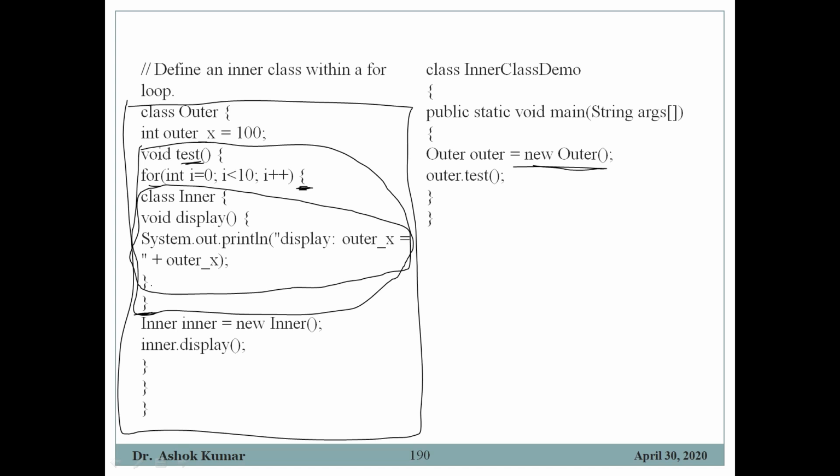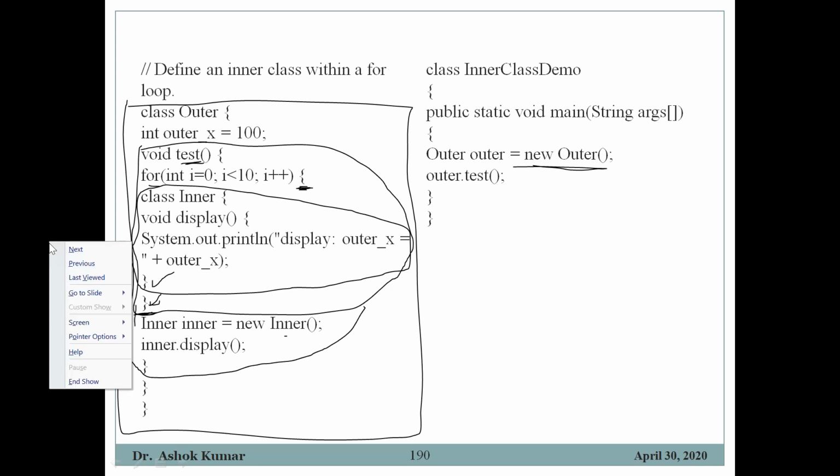This is the end of display, this is the end of class. This will happen within the body of the for loop. This is wrong, this brace is the end of the class, this is the end of the for loop. Right. I'm going to rub it, then I will show you again.